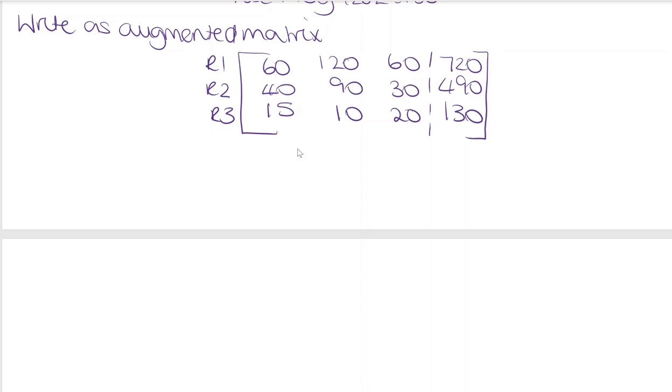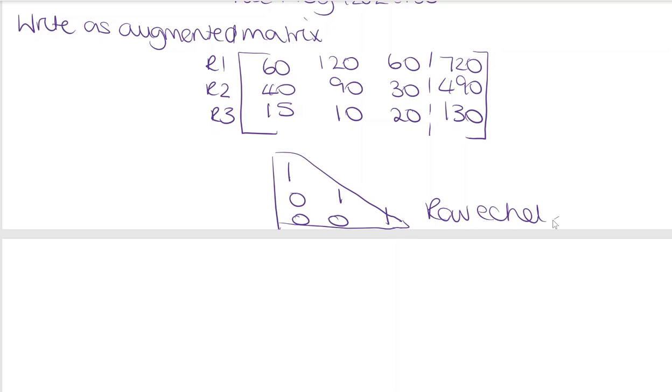So this is where we're going to have the form of 1, and then we'll have a 1 and a 1, and these will be zeros. So we're looking for our matrix to look something like this, and this is in row echelon form.